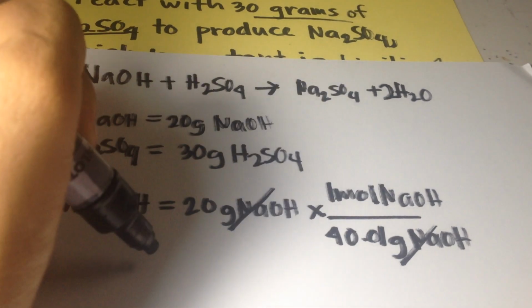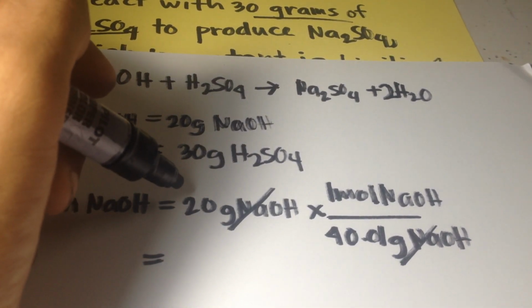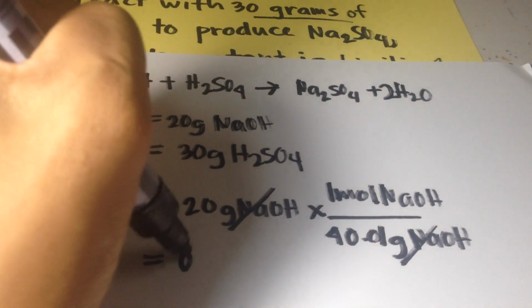So you need to cancel out the grams. On the left is moles. So 20 divided by 40.01 is equal to 0.4998 moles of sodium hydroxide.